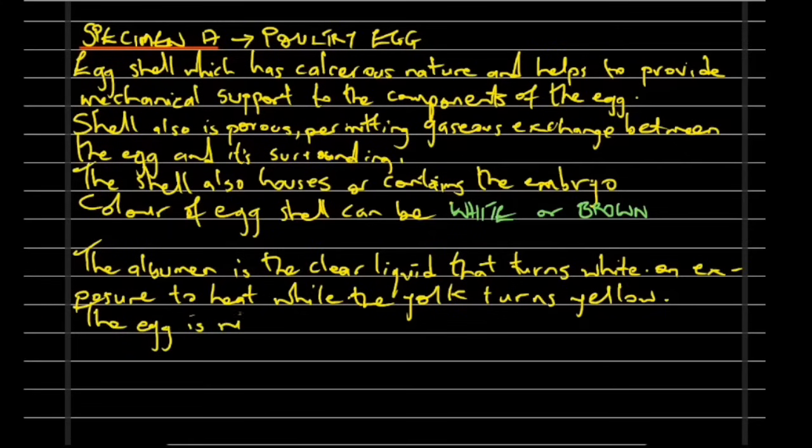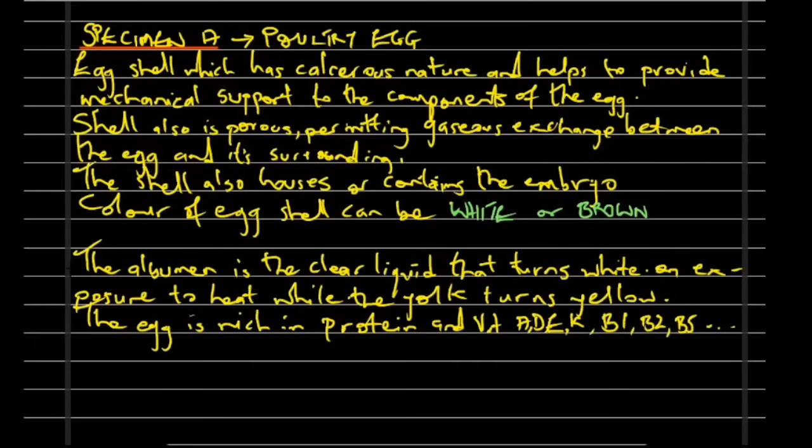The egg is rich in protein and other vitamins, like we have vitamin A, D, E, K. We also have some others like the vitamin B1, we have B2, B5, and so on. These are some nutrients that we have inside the egg.